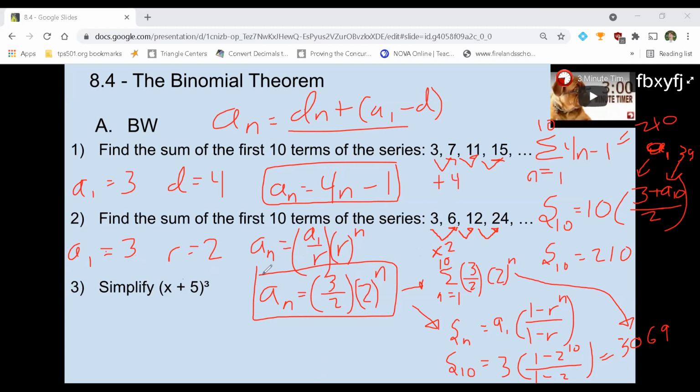All right, last one. We have to simplify this. This is a preview of what we're going to do today, so it'll be pretty exciting. We need to do x plus 5 times x plus 5 times x plus 5. How would we simplify those or multiply them together?